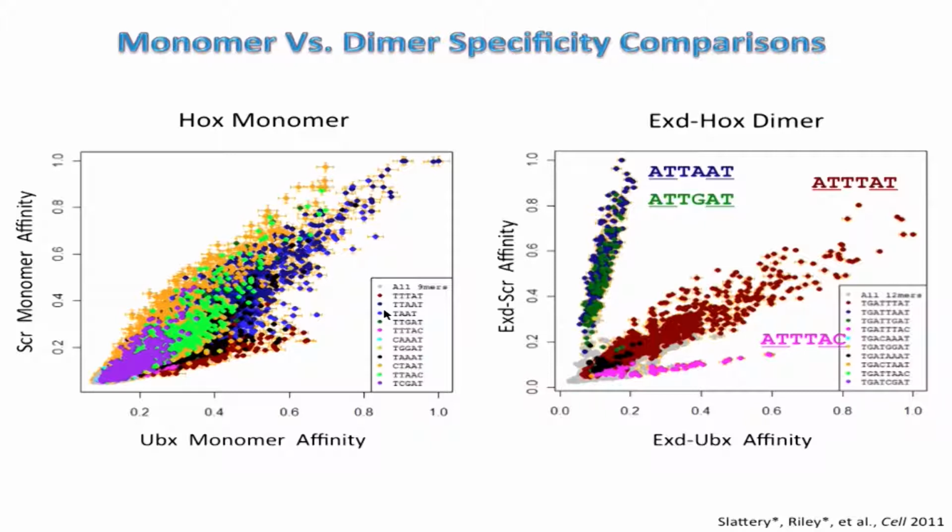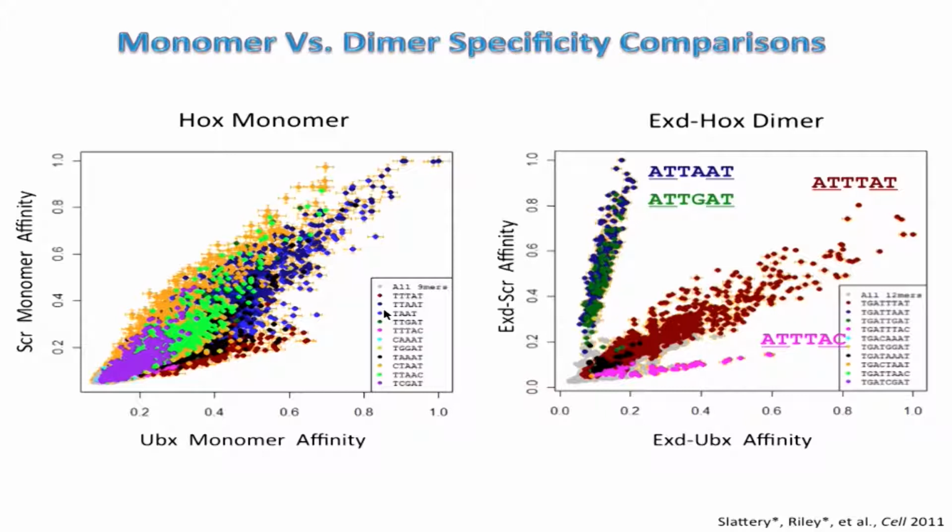However, if we look over here on the right, the heterodimeric specificities, with Sex combs reduced and Ultrabithorax now bound with the same cofactor, Extradenticle, show major differences in specificity, and they actually fall into different clusters.